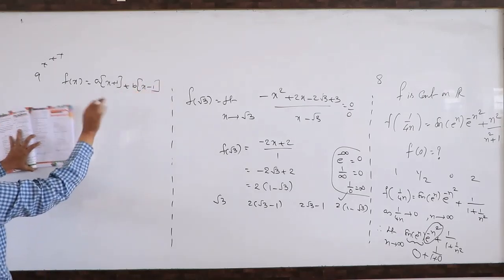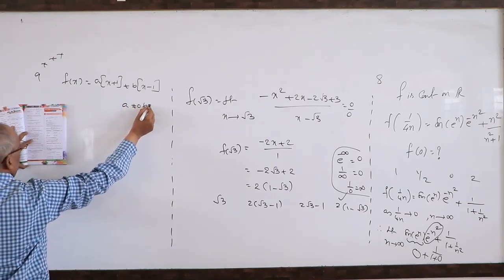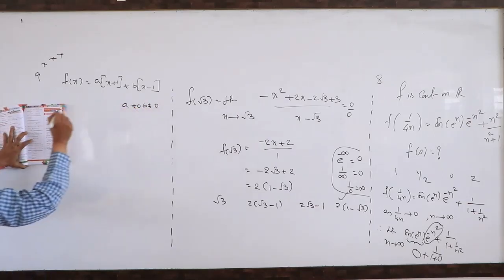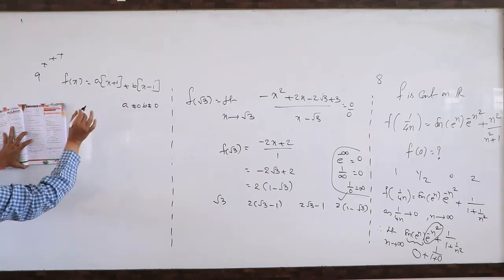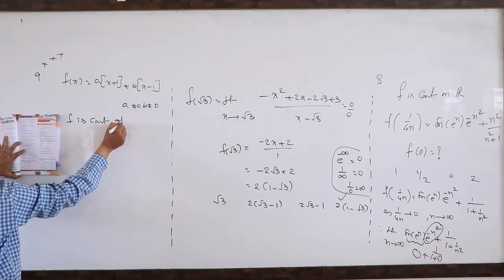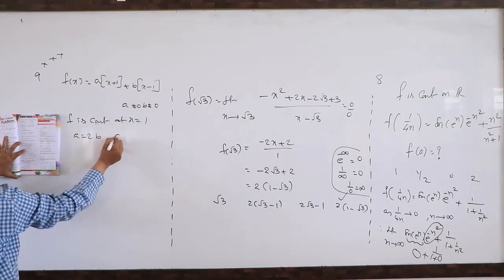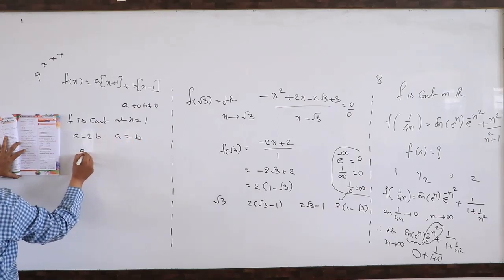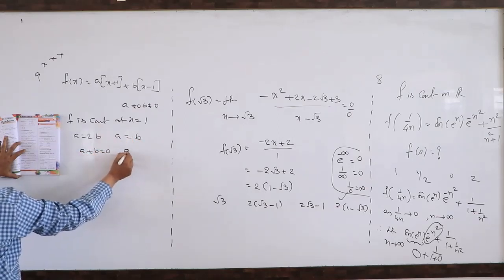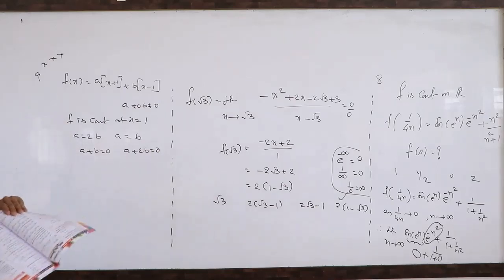A, B are non-zero, otherwise the problem does not exist. Okay. Now, the greatest integer function f is continuous at x is 1, if the answers are given like this.